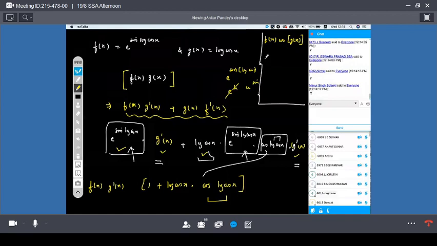Next, f of x into cosine of g of x, and then comes g of x into, and then comes f of x into sine of g of x, sorry, g of x into sine of g of x.